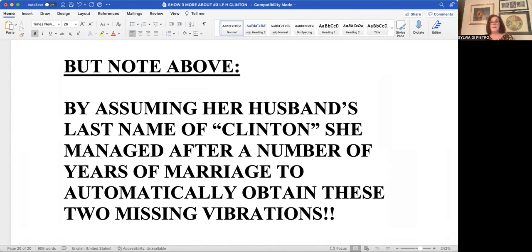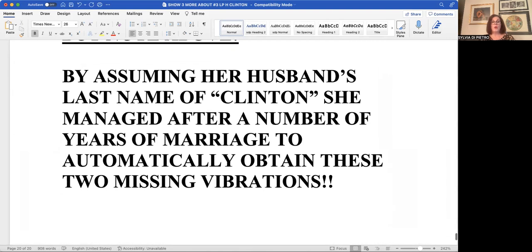But note, her husband's last name has managed over the years to really help her a great deal by giving her those missing vibrations that she didn't have before, okay? In Clinton, she picks up the T, which is a 2 vibration.